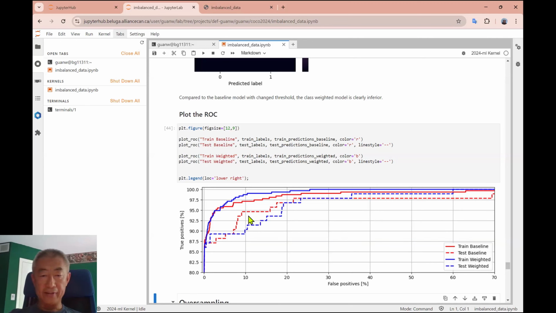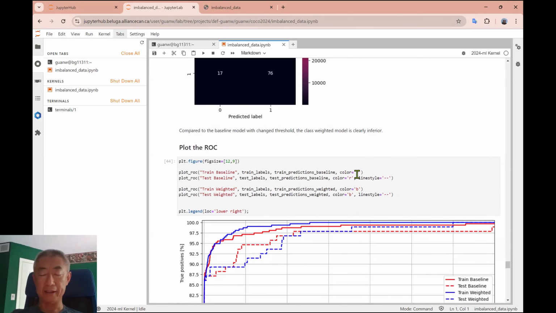And then the baseline works better in the middle range. And after that, at the higher true positive rate, the weighted strategy wins. You see, it wins.